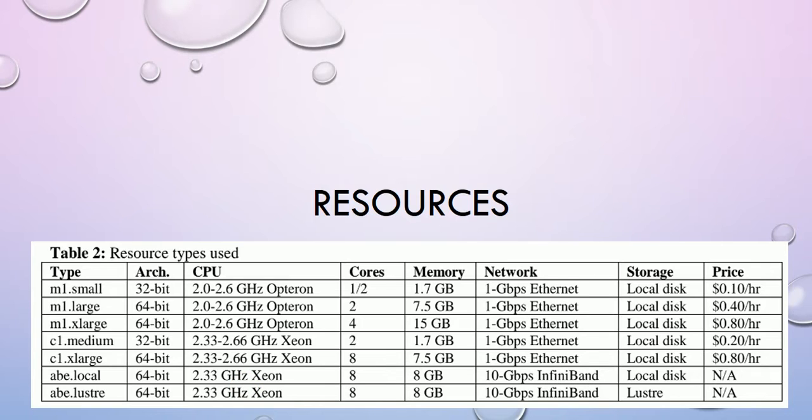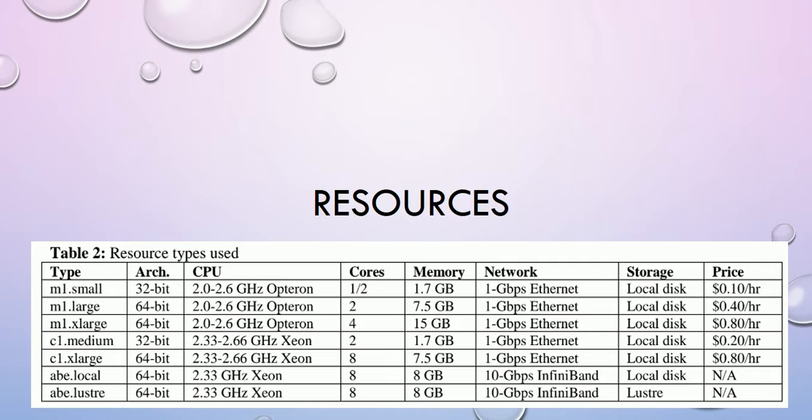First, although there is actually only one type of Abe node, there are 2 types listed in the table, Abe local and Lustre. The actual hardware used for these types is equivalent. The difference is in how input is handled. The abe.local type uses a local partition for input/output and the abe.lustre type uses a Lustre partition for input/output.